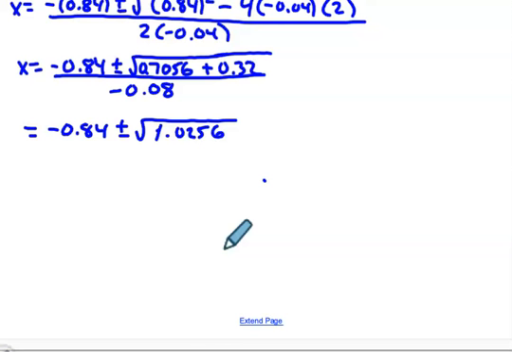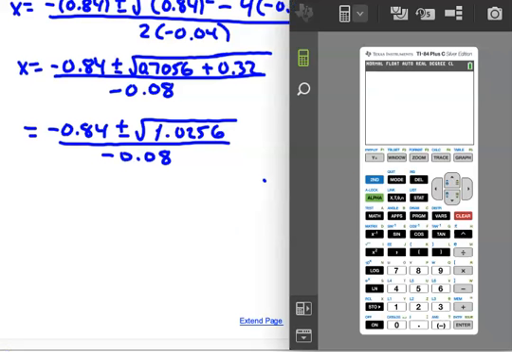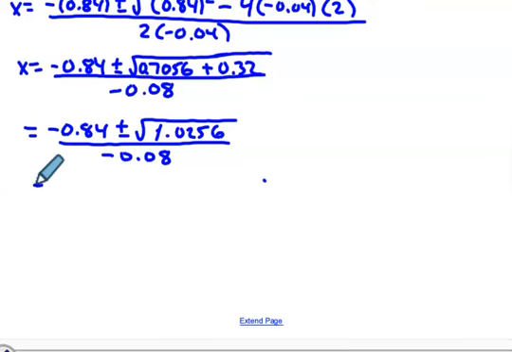All of this is still over negative 0.08. Next thing I might do is the square root of 1.0256 and get 1.01. So then from there, I have negative 0.84 plus or minus 1.01 all over negative 0.08.